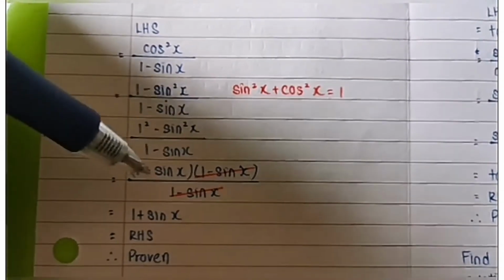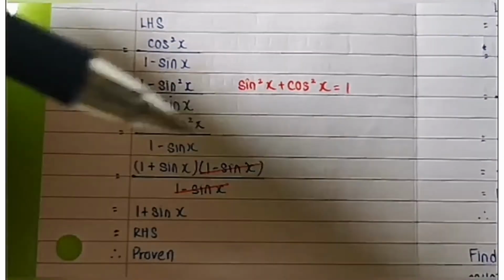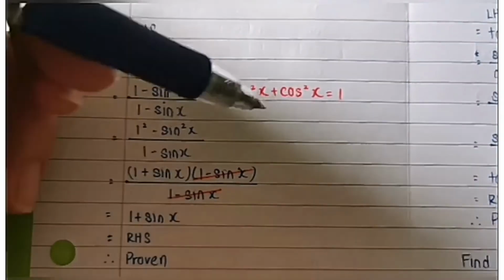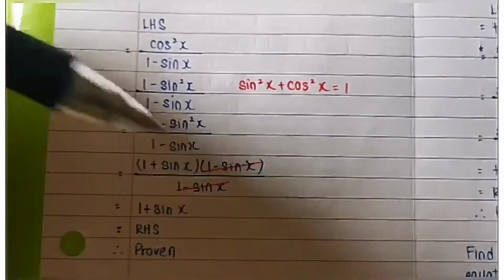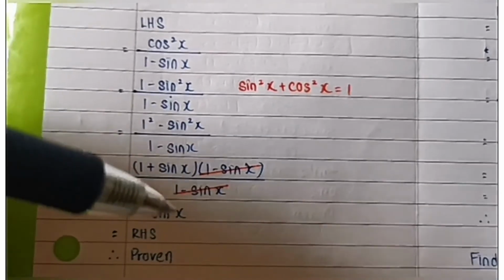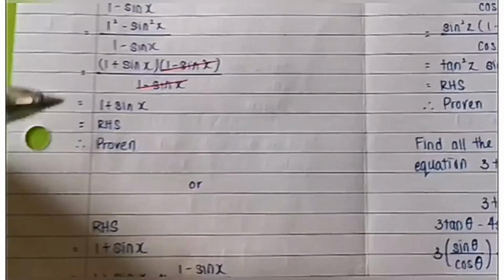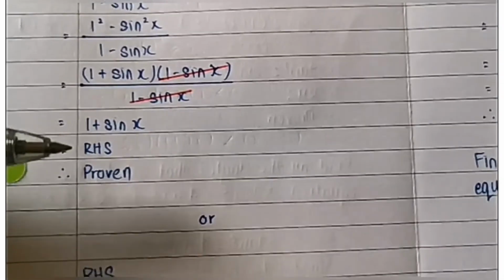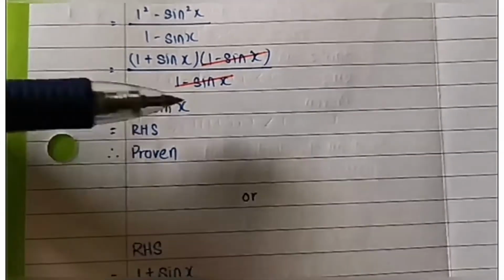So it will be 1 plus sine x, 1 minus sine x over 1 minus sine x. So these two can be simplified and you get 1 plus sine x. Does it equal your right hand side? Yes, it is. So it becomes the right hand side. So you have proved it.